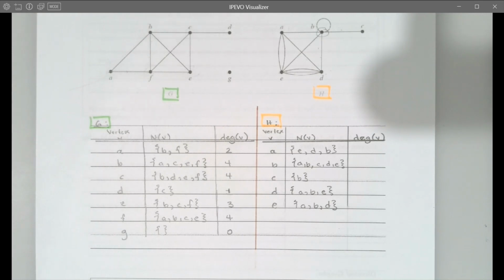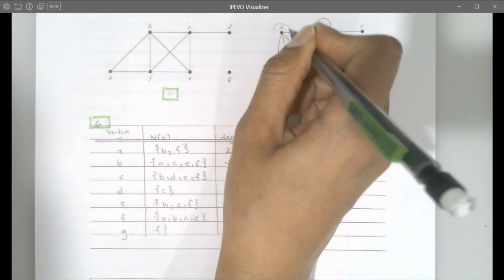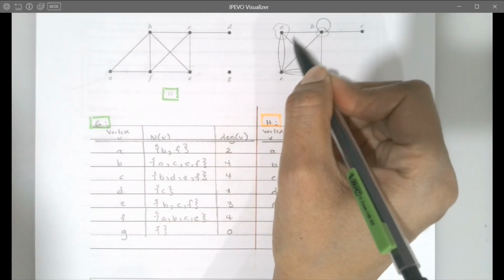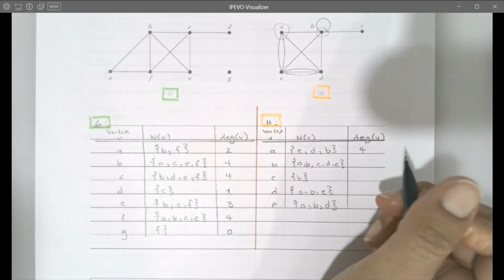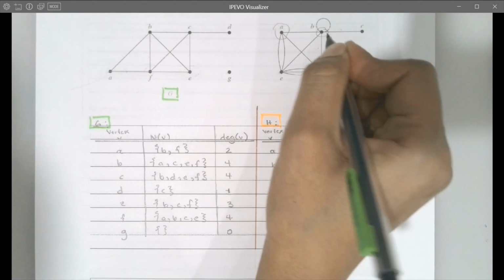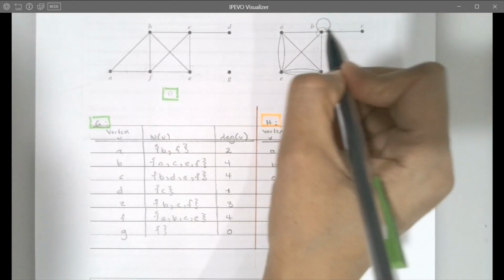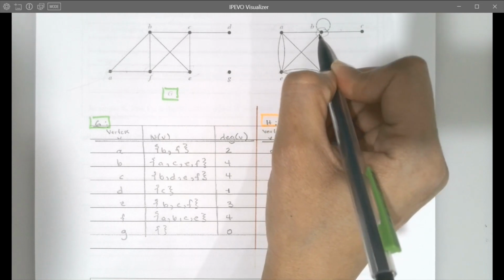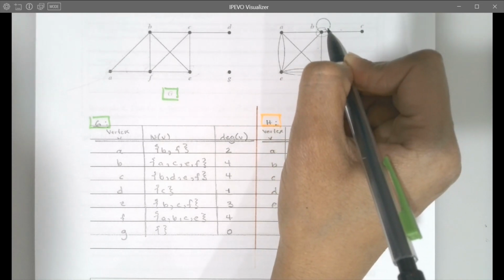Okay, now this is where it's going to get a little bit interesting. So the degree of A, if we take a look at how many edges are incident to A, it's 4 edges. So the degree of A is 4. If we take a look at how many edges are incident with B, well, we have 1 with A, 1 with E, 1 with D, 1 with C, and then 2 with itself.